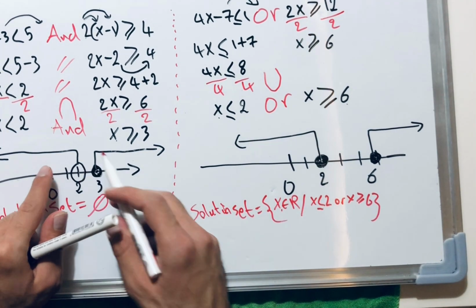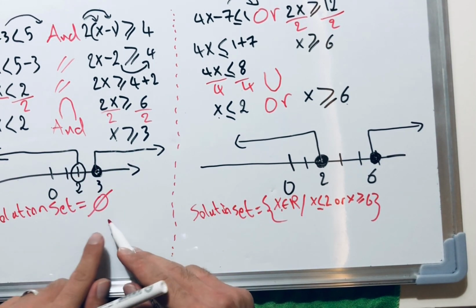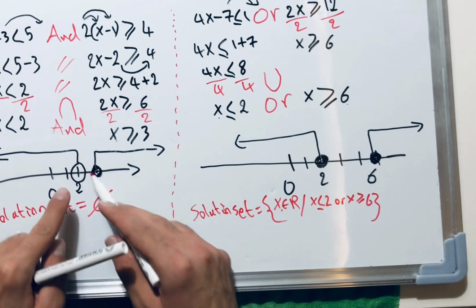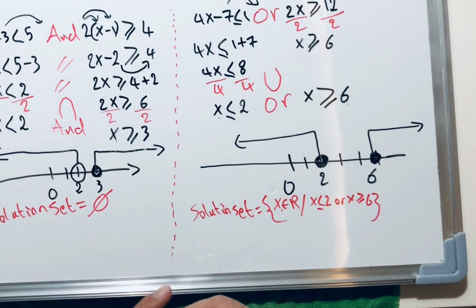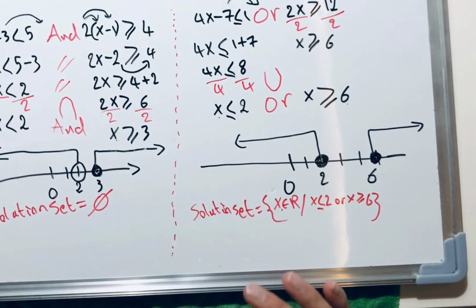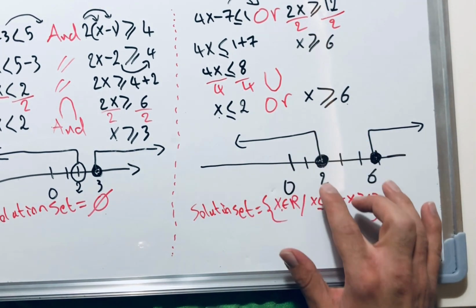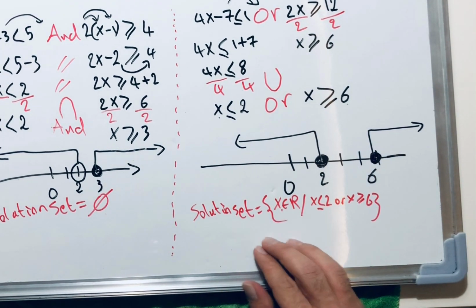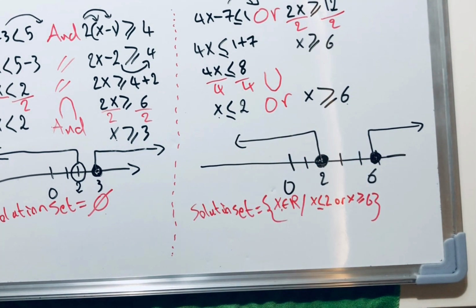When it's and, the arrows never meet each other, okay, so that's always going to be phi, unless it's the same number and you fill one. And also, by the way, when you have the or operation, the difference is it's not going to be phi, because any of these that you choose, it's going to give you a value, okay?